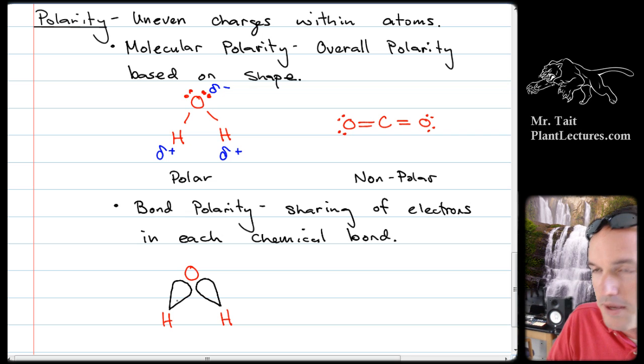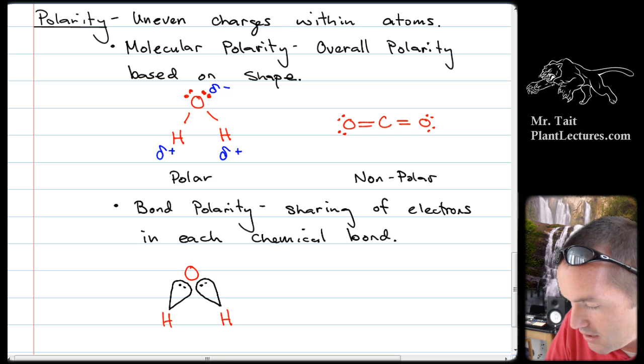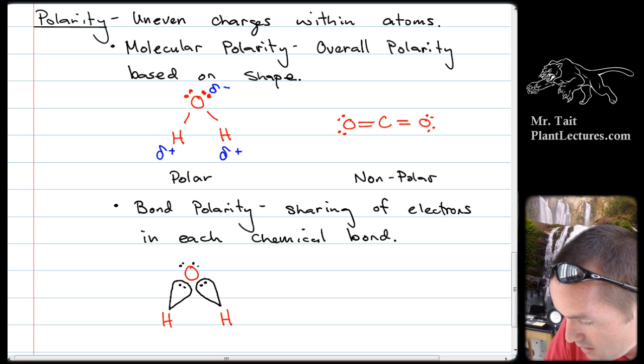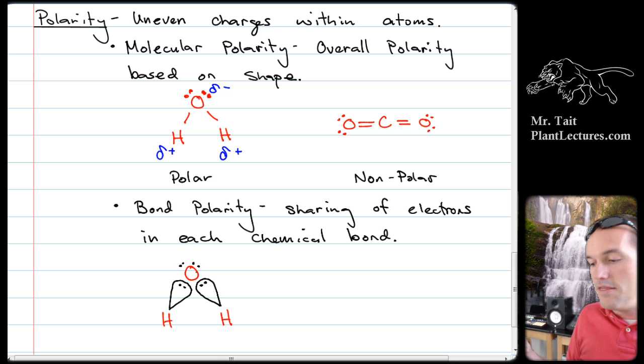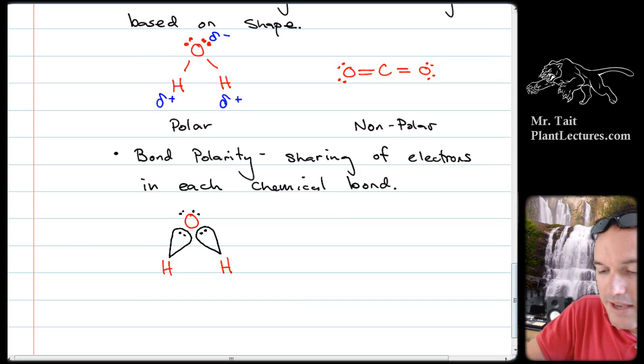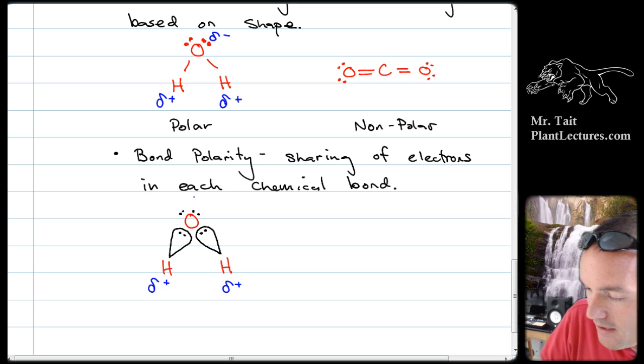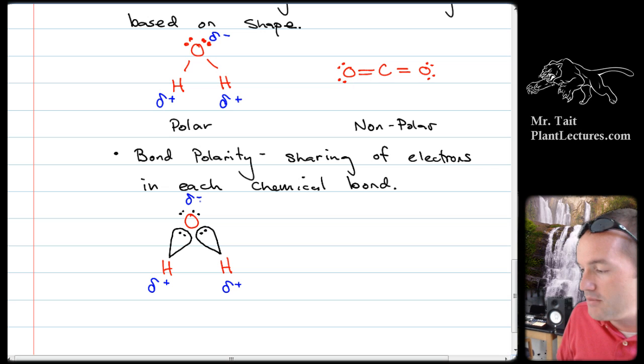The hydrogen would spend almost no time with the electrons and the oxygen would spend a lot of time with the electrons. That results in the electrons being pulled away from the hydrogen. And electrons have a negative charge, which is why this is going to be partially positive, and this is going to be partially negative.